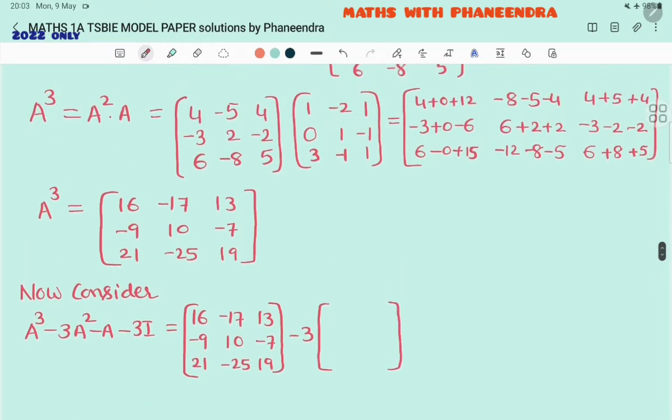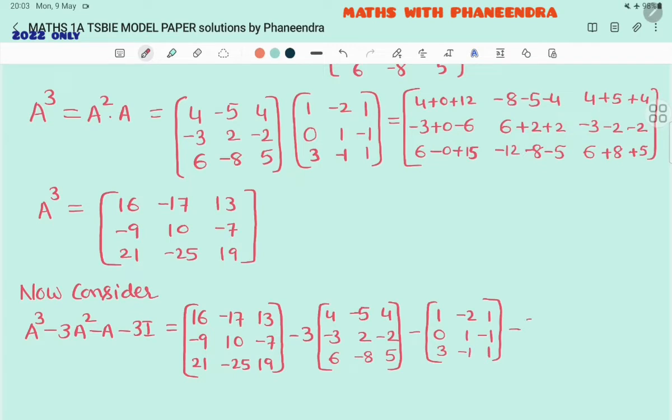A square value we got it. Now here 4 minus 5 4, minus 3 2 minus 2, 6 minus 8 5, minus a, minus a value: 1 minus 2 1, 0 1 minus 1, 3 minus 1 1.